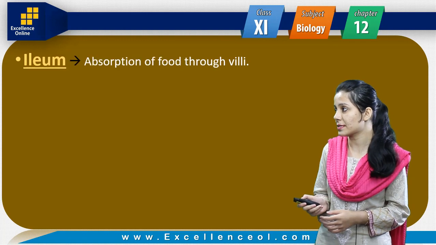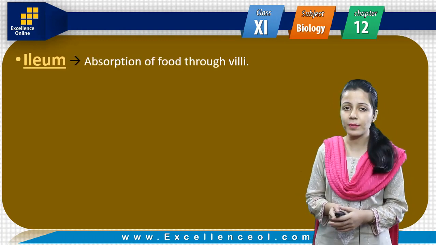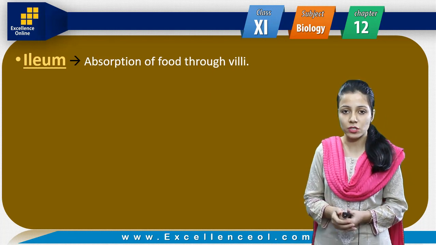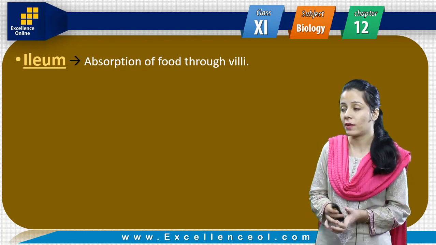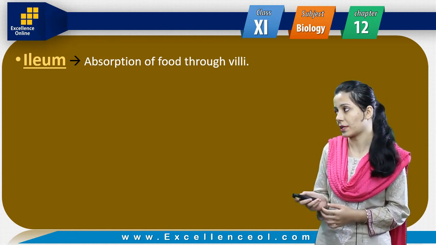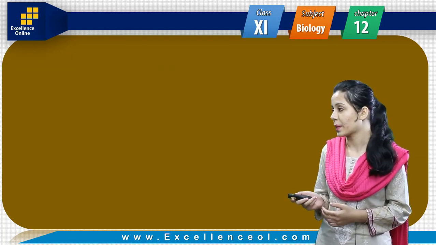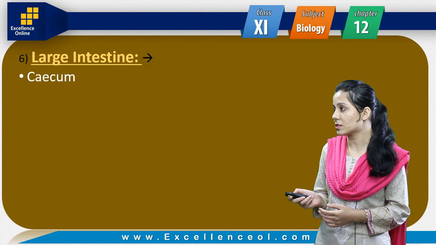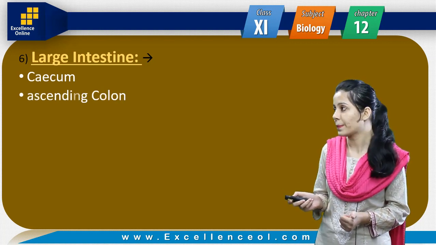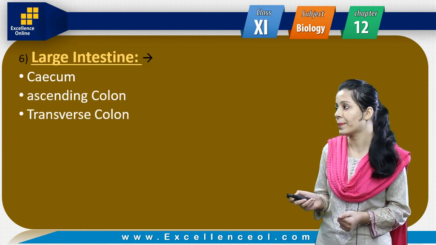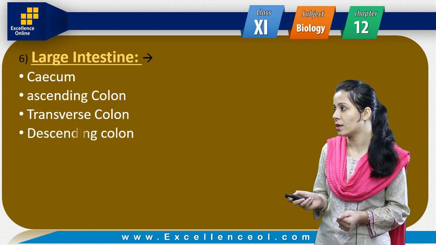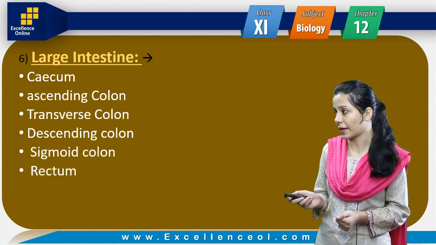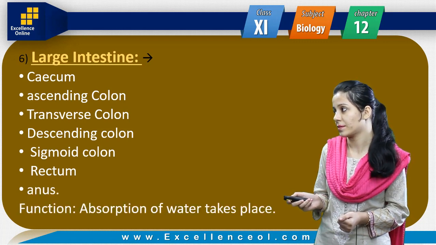Then the next part is the ileum. The importance of the ileum is that it helps in absorption through villi. Villi are finger-like projections which contain blood vessels and help in the absorption of useful food material. Then the next is the large intestine. The parts of the large intestine are the cecum, ascending colon, transverse colon, descending colon, sigmoid colon, rectum and anus.